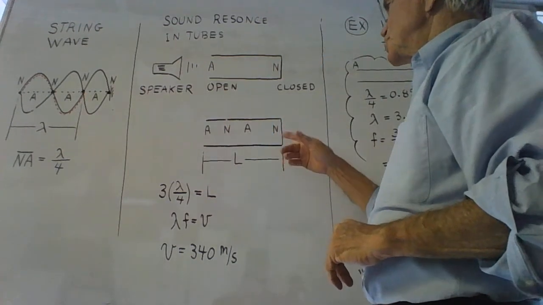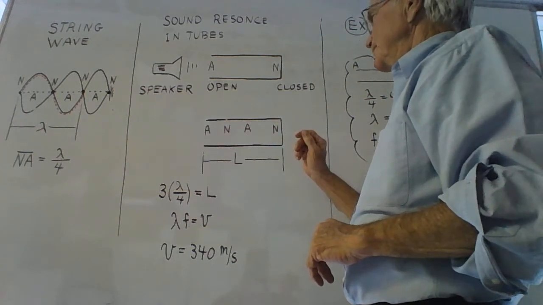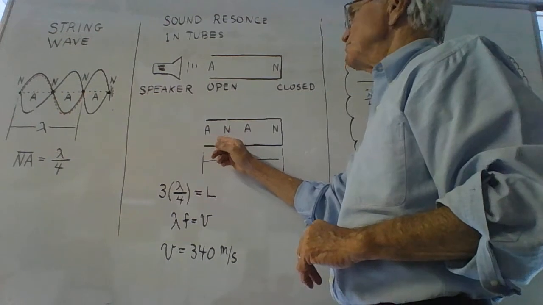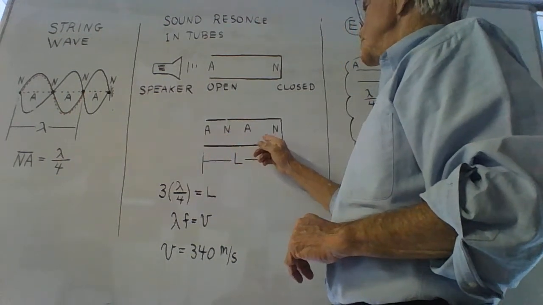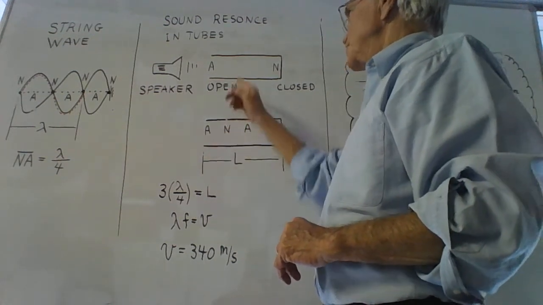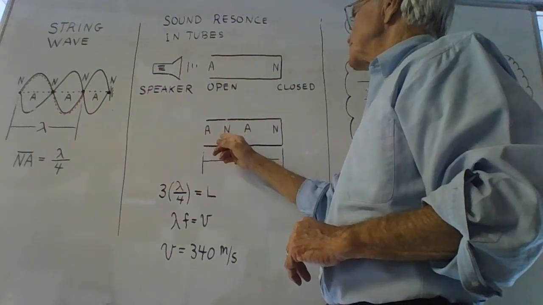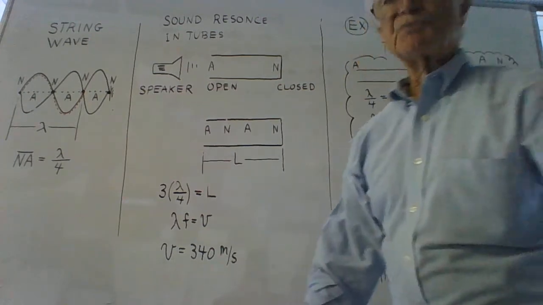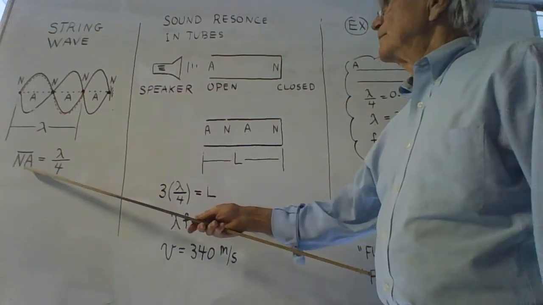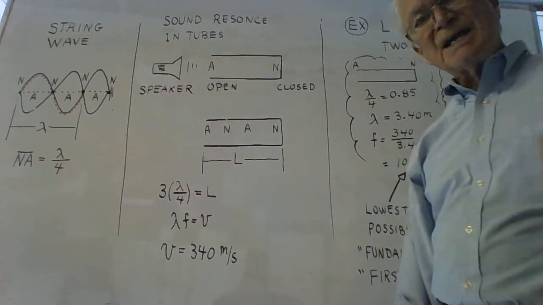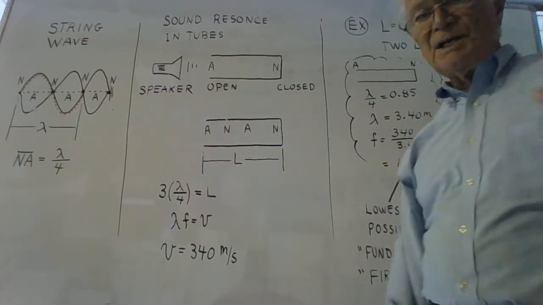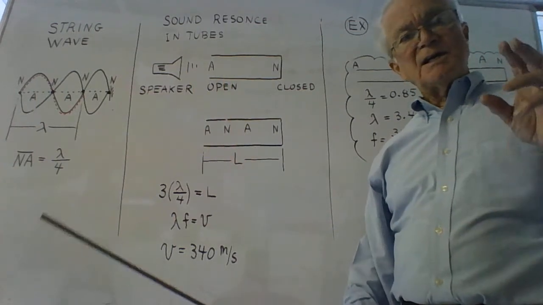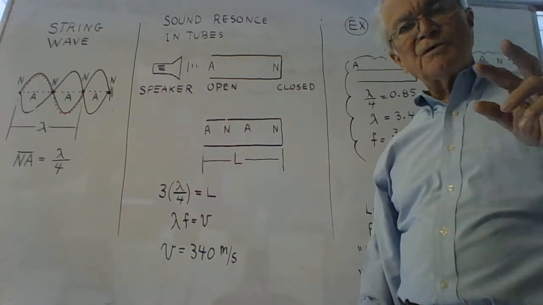Now, we wish to determine what is the wavelength of the sound that can make, for example, this particular mode of vibration, mode of oscillation. We could do it for this one, but let's look at this one instead. We have this important rule here that the separation between a node and an antinode in any sort of wave, not just a sound wave, but string waves, has a length of lambda over 4.